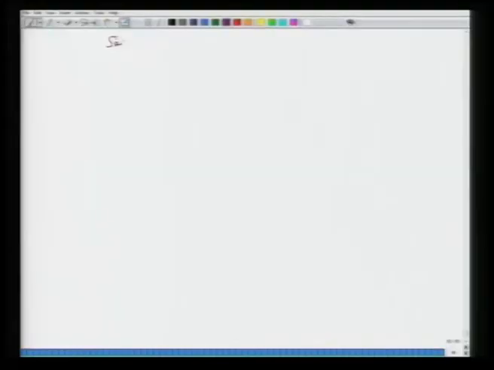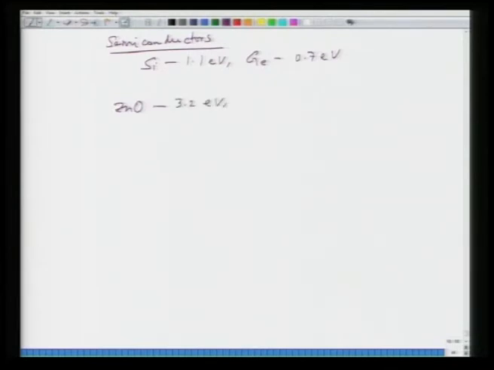Some of the band gap values, for example, in case of semiconductors, your silicon has about 1.1 electron volt, germanium has 0.7 electron volt, and in case of oxides, for example, zinc oxide has about 3.2 electron volt, magnesium oxide has 7.8 electron volt, nickel oxide has roughly 4.2 electron volt, iron oxide is close to 2 electron volts.